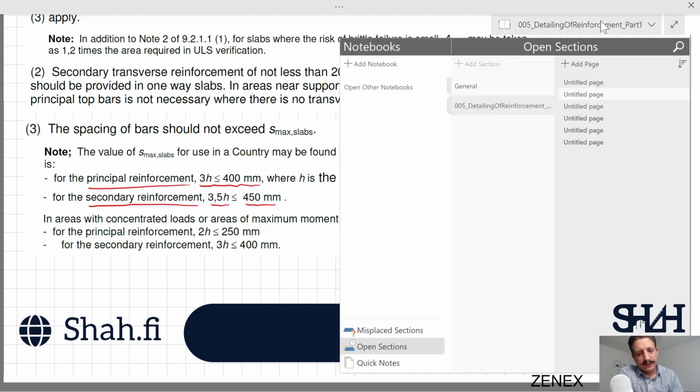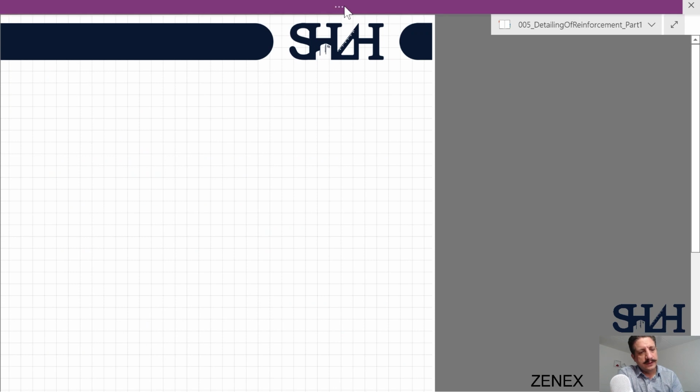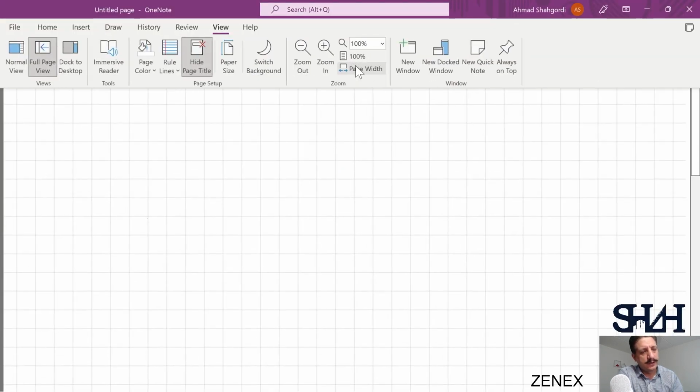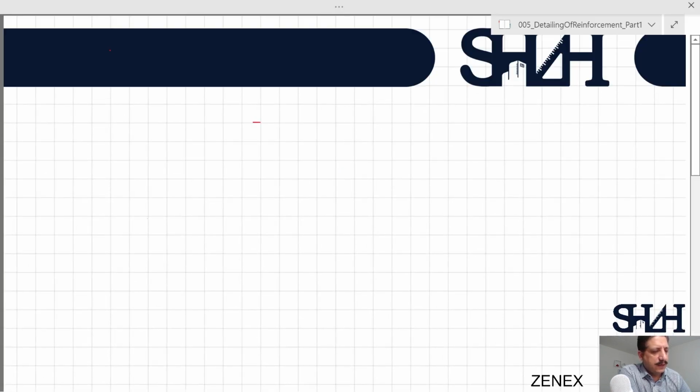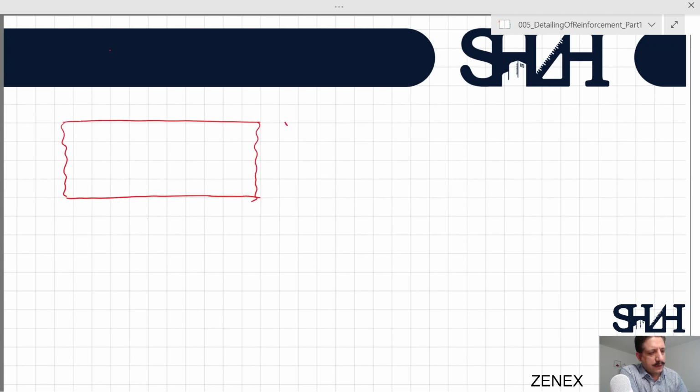So to understand better these clauses, it's better if we go through one numerical example. Assume that we have a long slab and the width of the slab is going to be 3.5 meters. And the L is far bigger than 3.5 meters. As far as the length is quite long compared to the width, we know that the behavior of this slab is one-way slab.